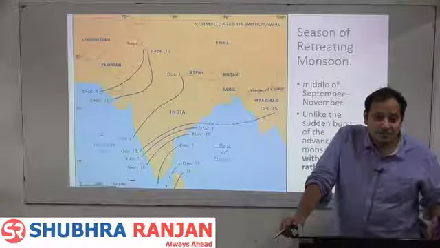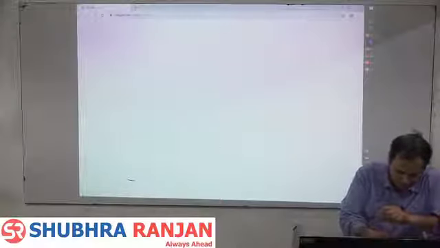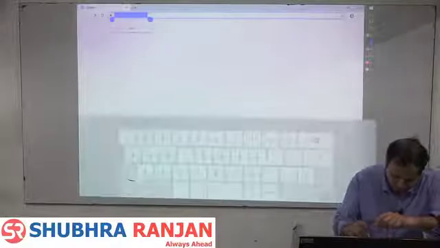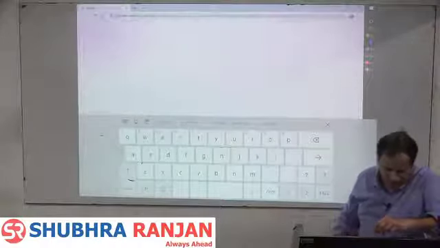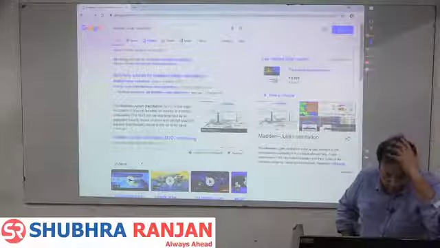Third point. Besides differential heating of the land, Indian monsoon is highly influenced by the shape of a continent, comma, orography, upper air circulation, as well as heating and cooling of Indian and Pacific Ocean.